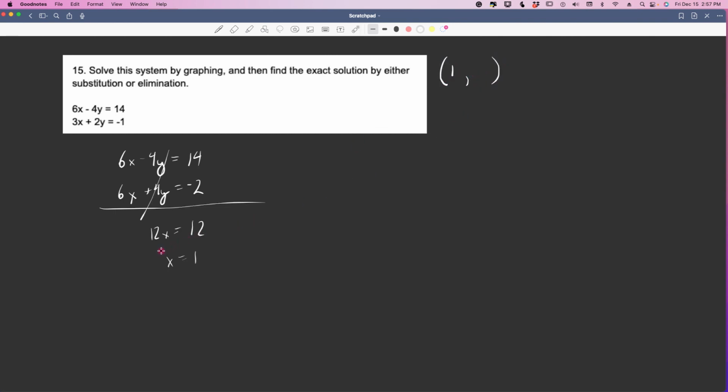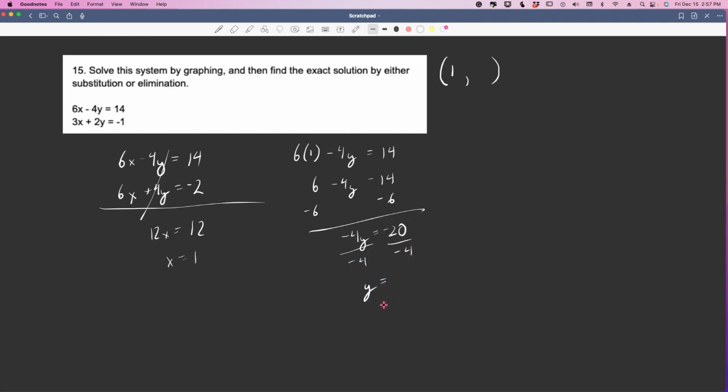So let's substitute in for this problem. 6x, which is 1, minus 4y is equal to 14. So 6 minus 4y is equal to 14. Subtract 6 from both sides. Negative 4y is equal to negative 20. Divide both sides by negative 4.